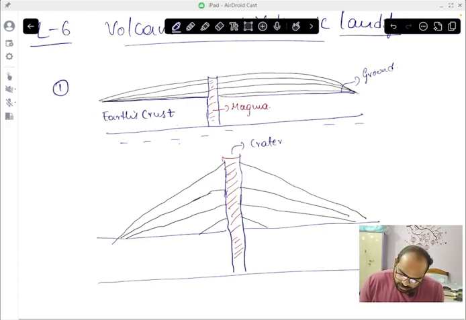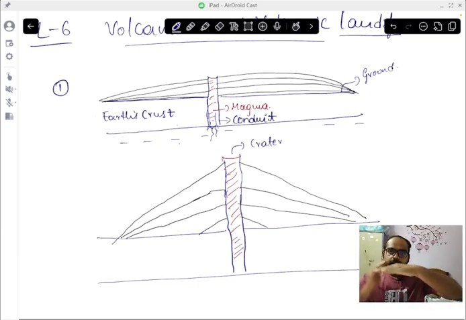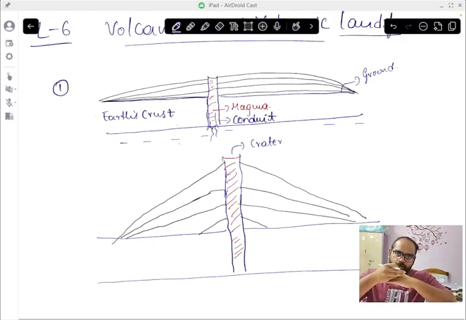From the asthenosphere, the magma rises up, develops cracks in the earth's crust, and makes its way to the ground through a pipe-like structure called a conduit.